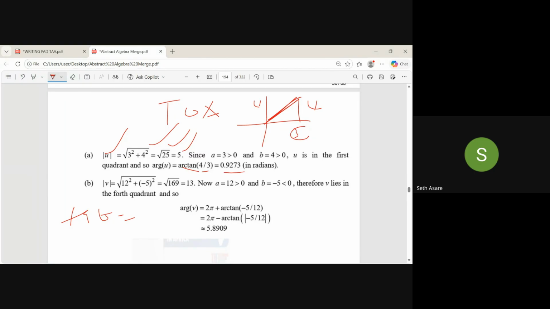What is tan inverse of 4 over 3? 53.1. That one is in degrees. Okay, now in radians.